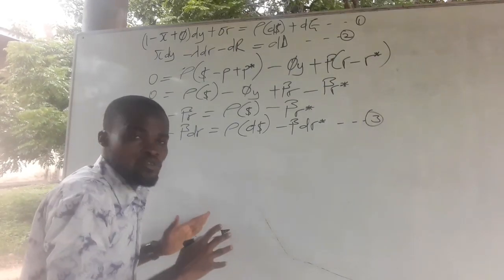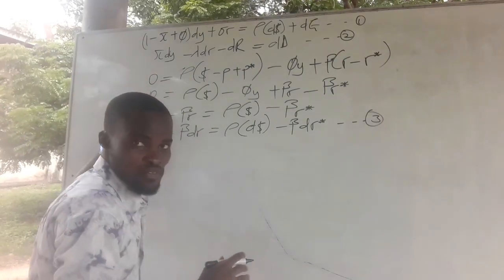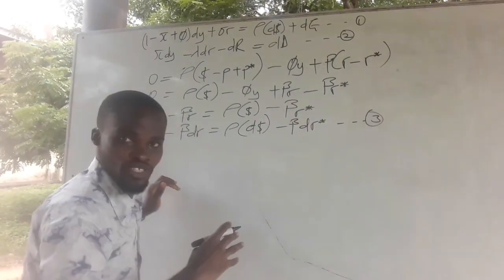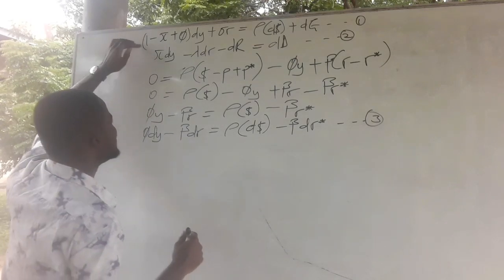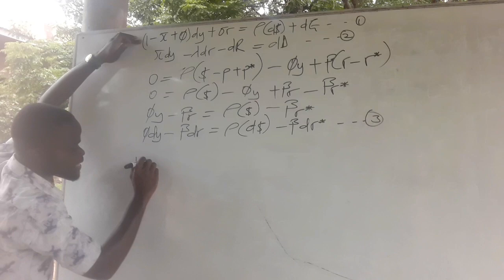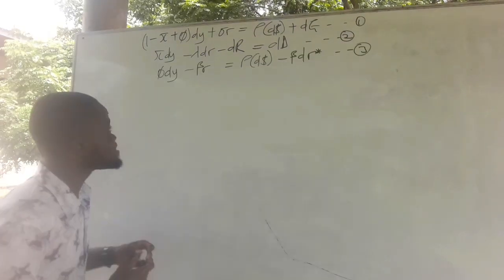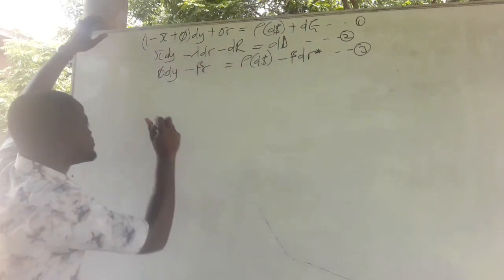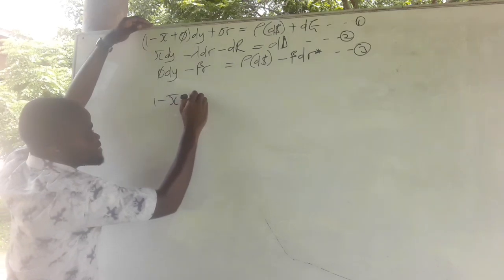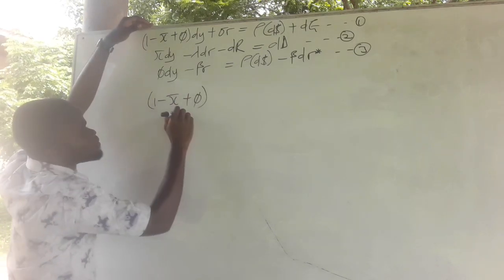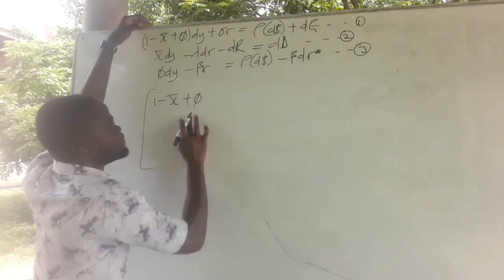Now what we have to do is form a matrix with the 3 equations that we've gotten. We will cast them in matrix form before we proceed with our solution. Casting the 3 equations into a matrix, from the first equation we have 1 minus pi plus theta for dy.